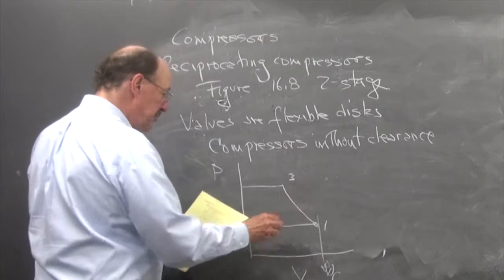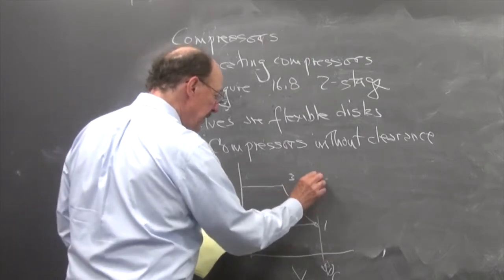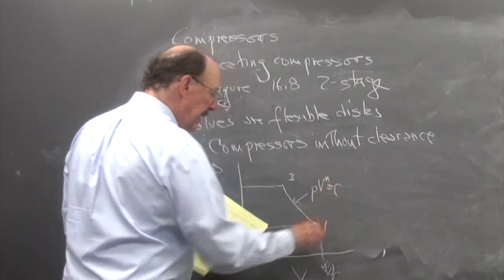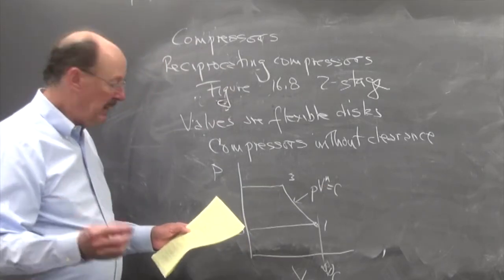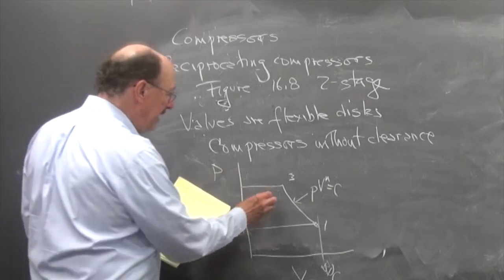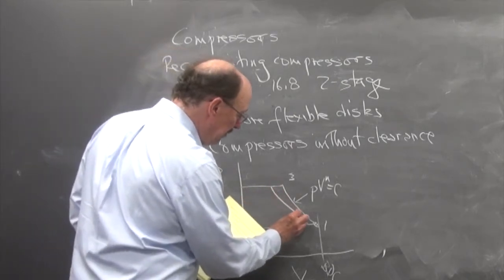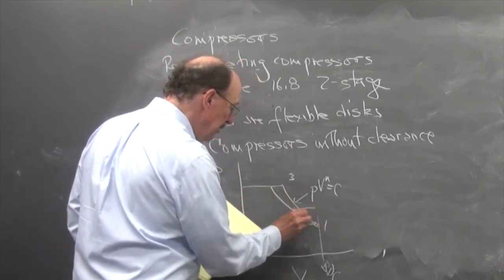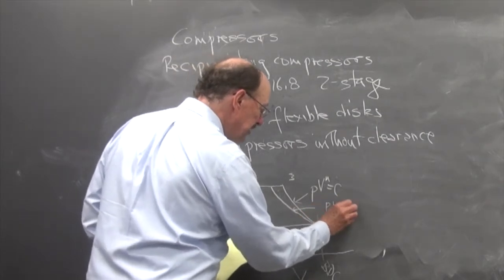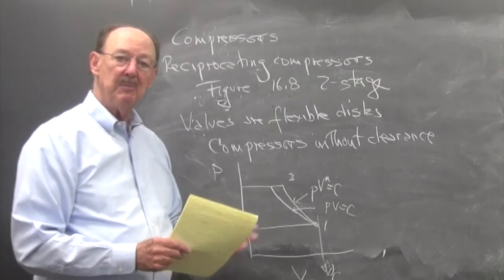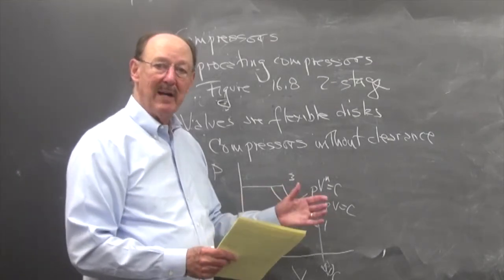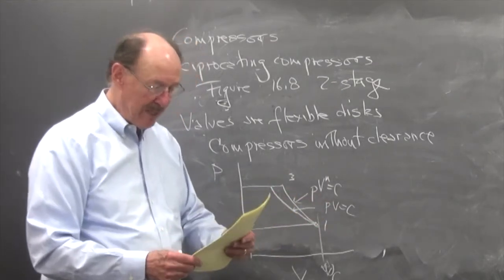This would be PV to the n, so this is our polytropic, or isentropic if n is equal to k. If I have an isothermal compression, it'd be something like this. PV is equal to a constant, so that's your isothermal. Typically we talk about adiabatic compression or isothermal compression in terms of how we're rating them.